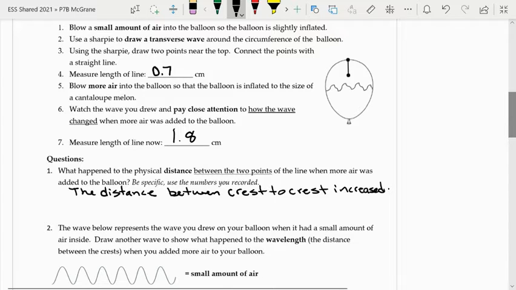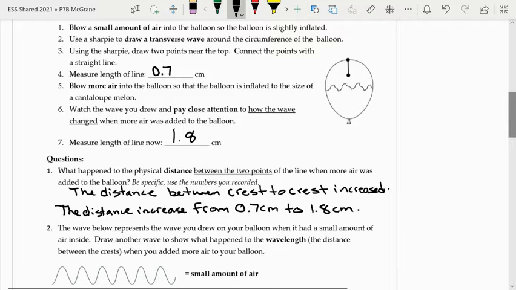So that was my qualitative data, just kind of describing what I saw. Now we're going to use quantitative data, measurable data, to explain and defend what I saw. So I'm going to say the distance increased from 0.7 centimeters to 1.8 centimeters.